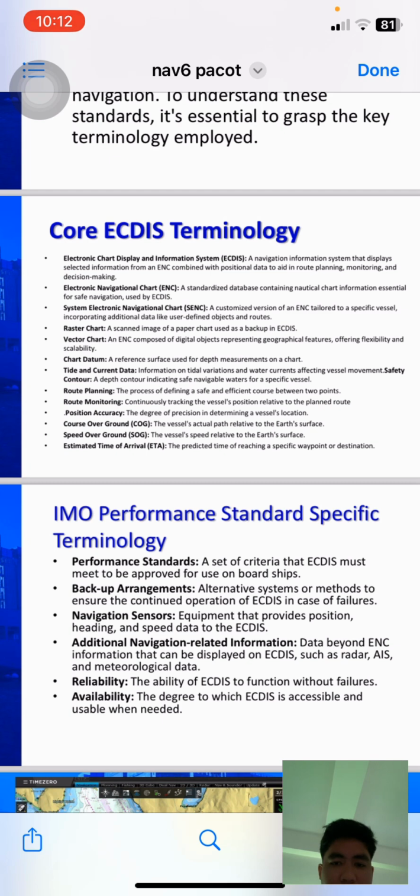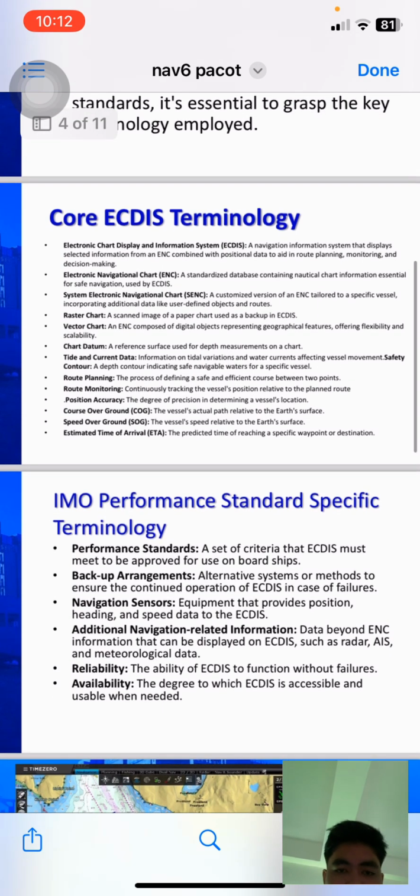Third, we have System Electronic Navigational Chart or SENC, a customized version of an ENC tailored to a specific vessel, incorporating additional data like user-defined objects and routes. Next, we have raster chart, a scanned image of a paper chart used as backup in ECDIS.